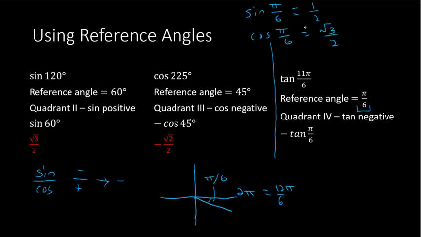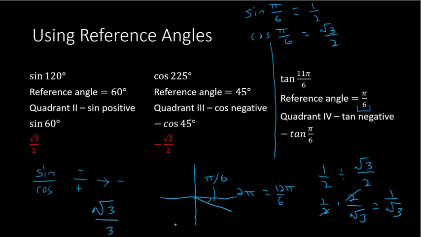Tangent would be sine over cosine, meaning we do 1/2 divided by the square root of 3 over 2, which means we're multiplying by the reciprocal, 2 over the square root of 3. The 2's cancel. You're left with 1 over the square root of 3, which you can rationalize, and you would get the square root of 3 over 3. I'm running out of room, so I'll put it over here. And then just make it negative. So our answer would be negative square root of 3 over 3.